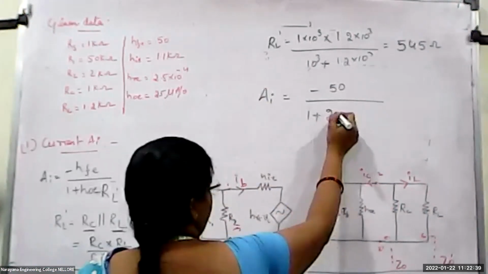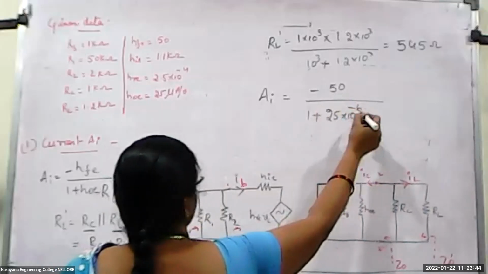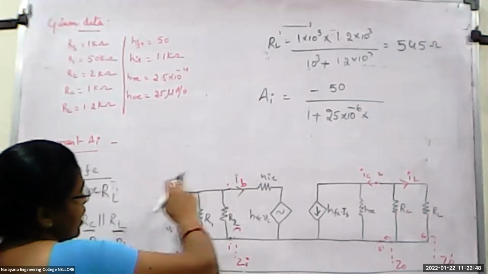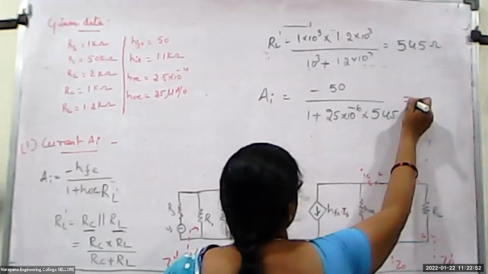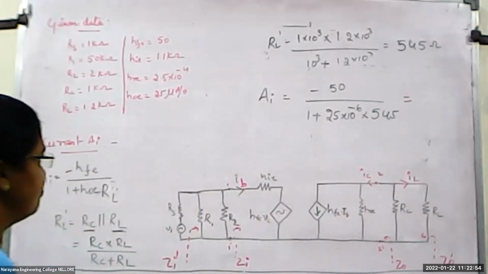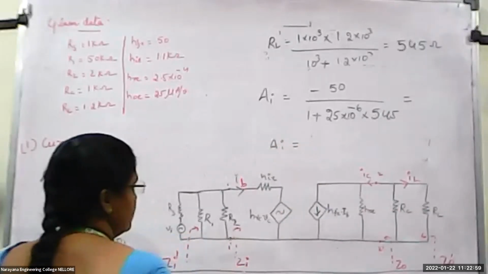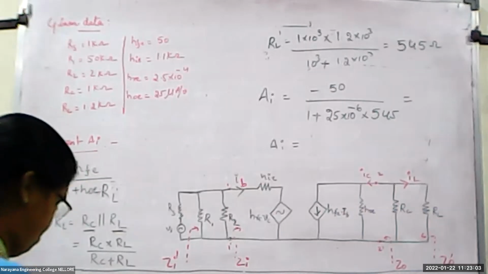So that can be written as 25 into 10 to the power of minus 6 into RL dash. RL dash you calculated, that is 545. Tell me the AI value. Current gain AI.